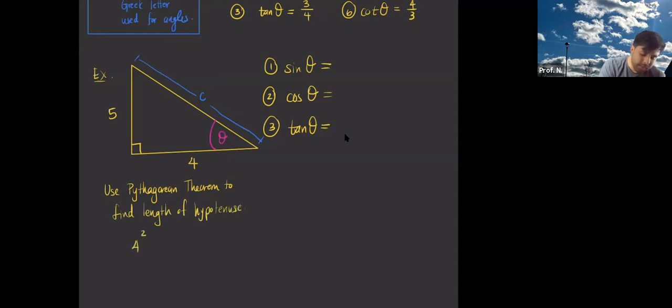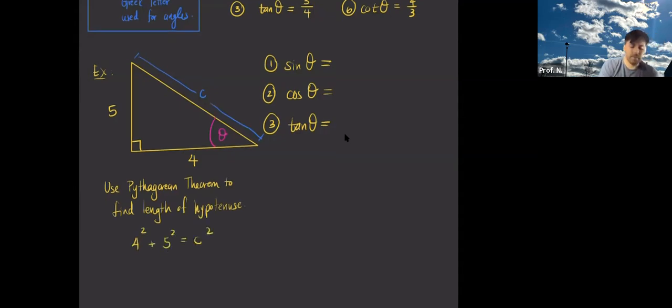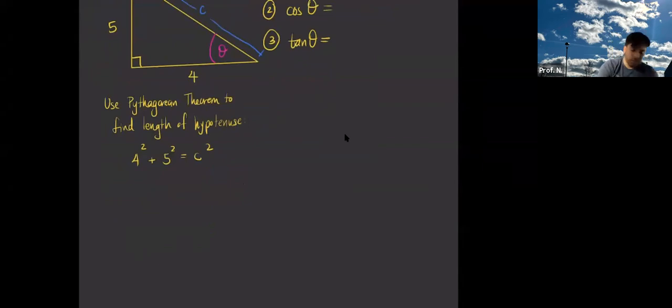So then I would say 4 squared plus 5 squared equals C squared. 4 squared is 16. 5 squared is 25. That adds up to C squared. 16 plus 25 is 41. But I want to figure out what is C, not C squared.